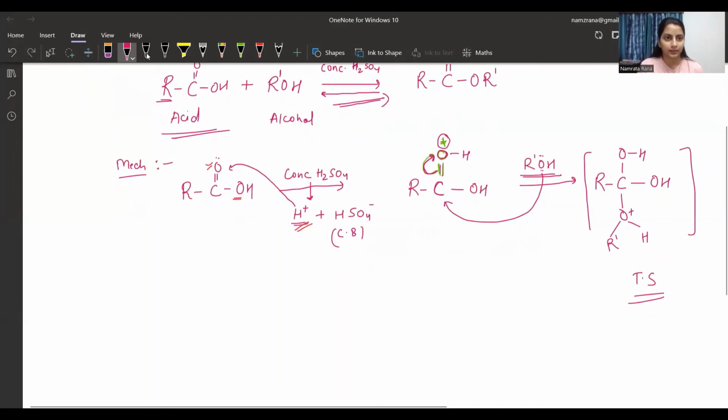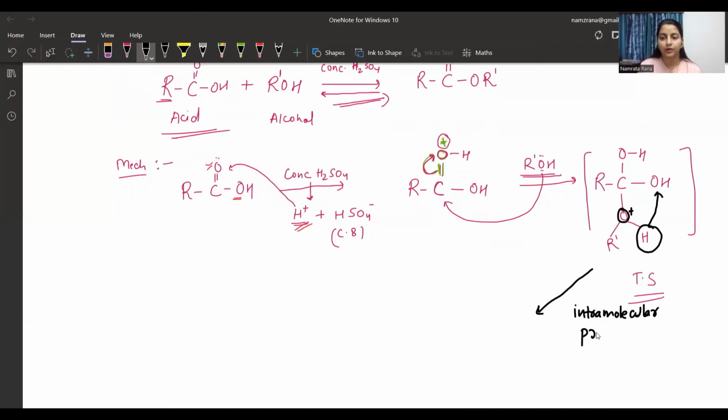Now, the most important step of this reaction. Just look at this carefully. What is going to happen here is this oxygen atom bears a positive charge. Everyone knows oxygen being more electronegative cannot bear a positive charge. So this hydrogen gets transferred to this oxygen. This is intramolecular proton transfer.